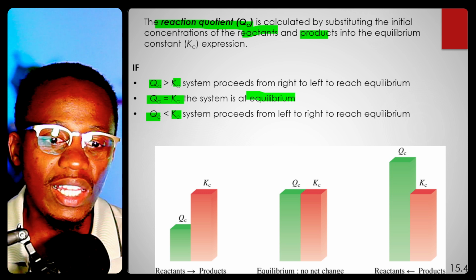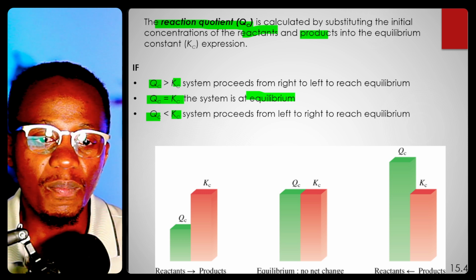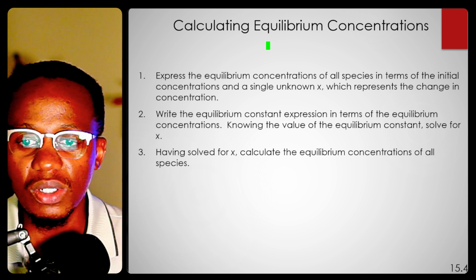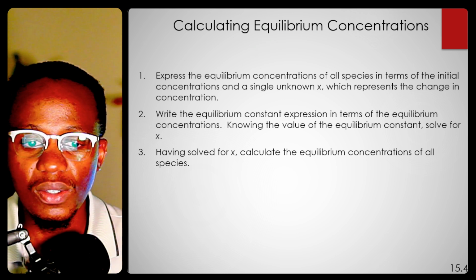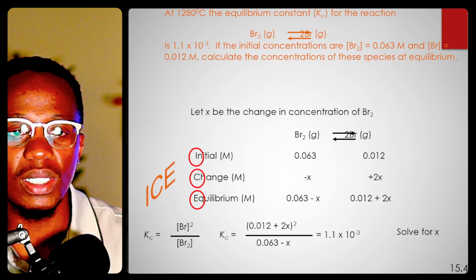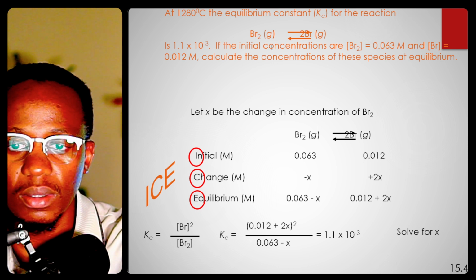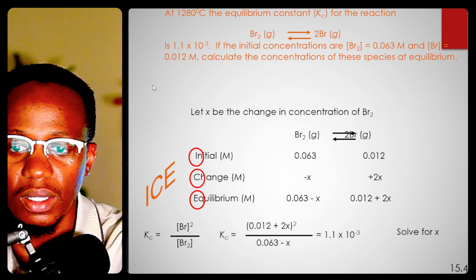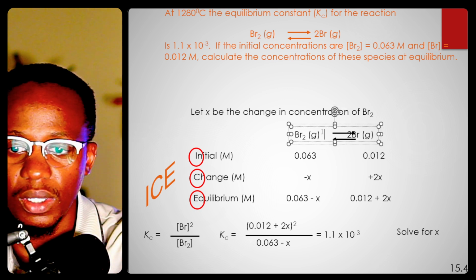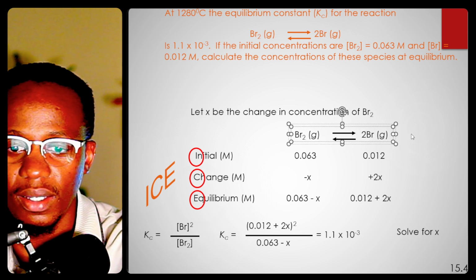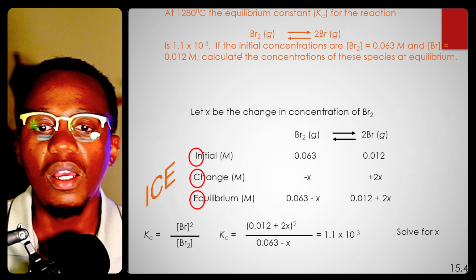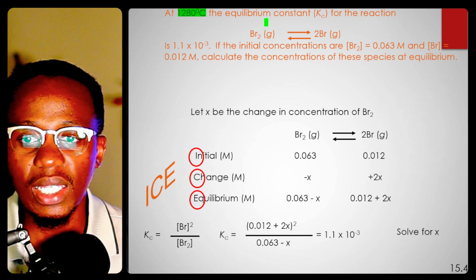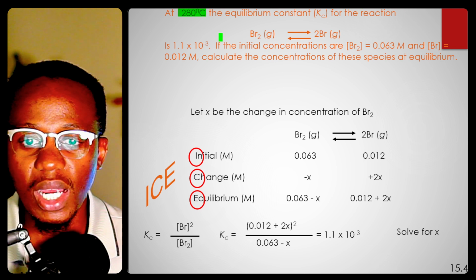All right, so let's look at a little bit of math. How do you find the equilibrium concentration? If I ask you, for example, at this many degrees, the equilibrium constant for this reaction is this.